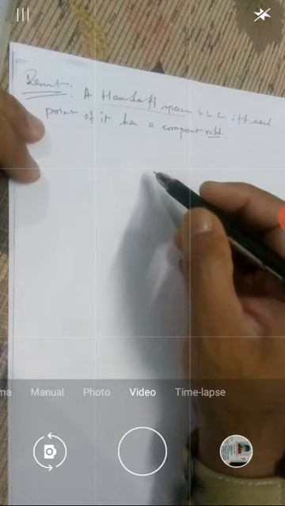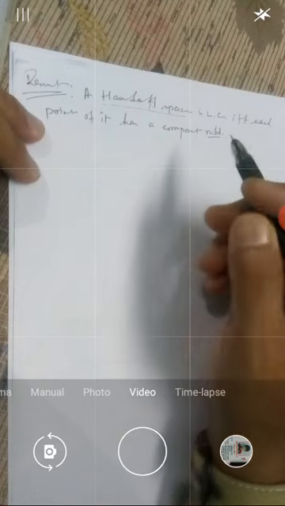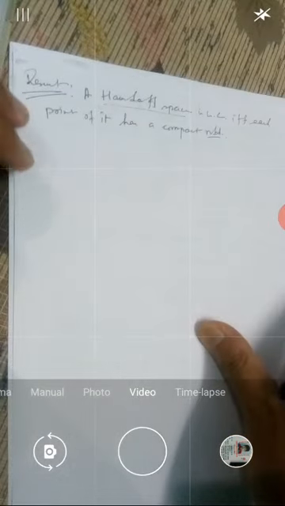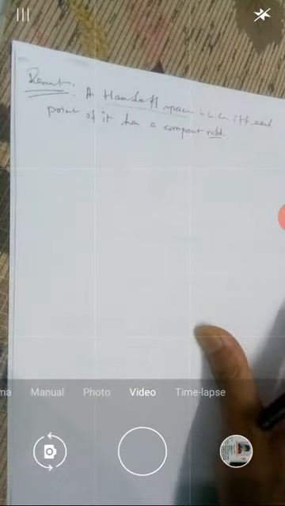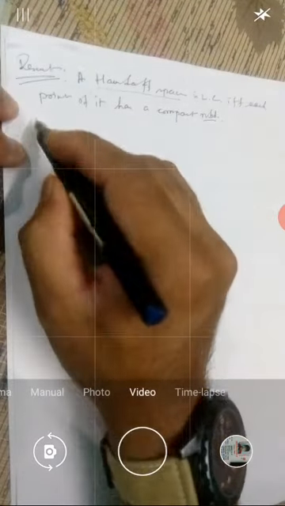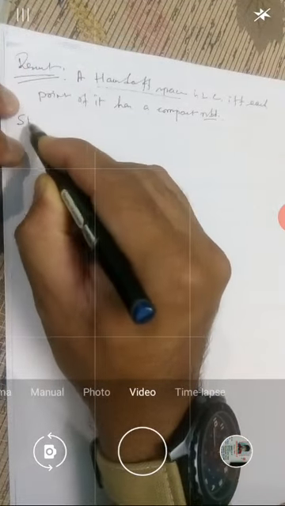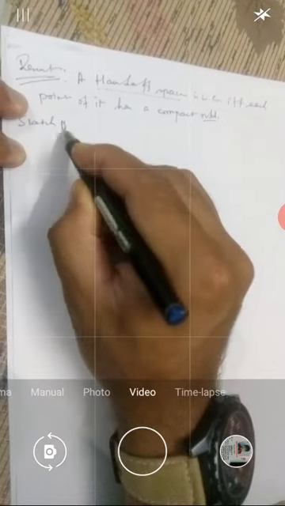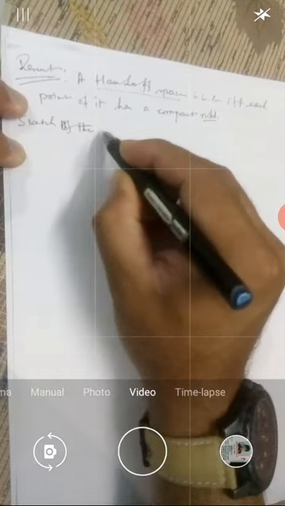If we show that every point has just one compact neighborhood, then we can declare that that particular Hausdorff space is locally compact. So let me sketch the proof.